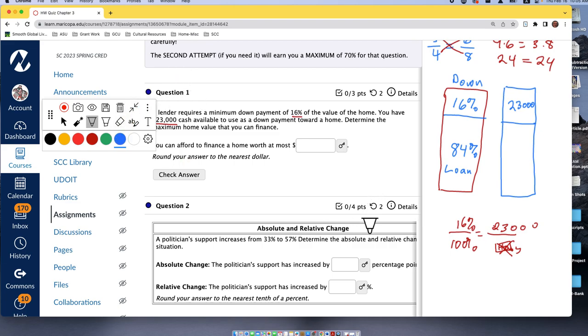But I'm also going to show you if you do it this way, with whole numbers, what we end up doing is we're going to cross multiply 23,000 times 100. And then we would take 16 times x or something, but this is not an algebra class.